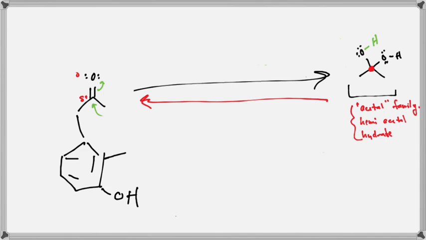If I wanted to do some chemistry out on this alcohol, but I knew that that carbonyl would get in the way, what I could do is first protect the carbonyl by converting it, getting rid of it, converting it into a different functional group that I know is reversible. Then I can go through, target the other functional group, and then I reverse back. That's a pretty powerful technique. Right? At least old school.